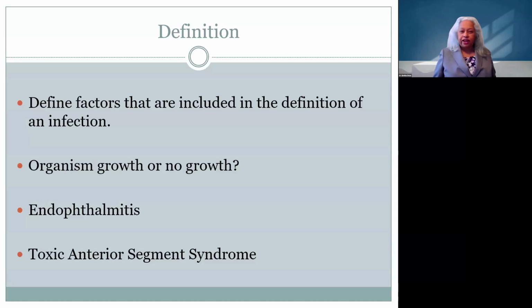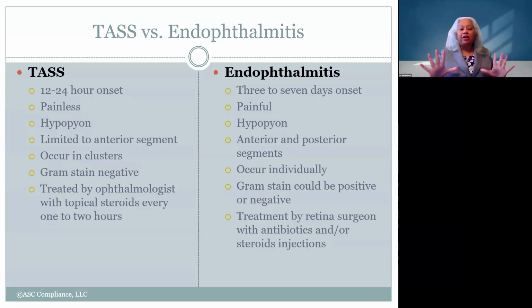So in order to define what falls into an endophthalmitis case or what falls into a TASS case, I never assume that everyone knows the difference between TASS and endophthalmitis. So this is one of my favorite slides when it comes to how do we know what we're dealing with. Now, remember, in medicine, you can never say never and you can never say always, right?